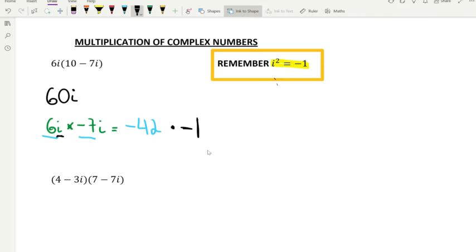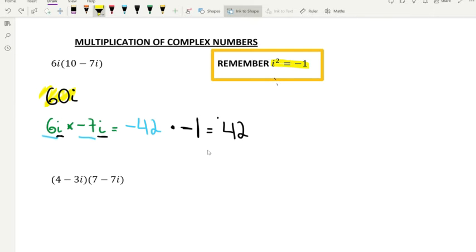So, teacher, you're saying negative 42 times negative 1? Yes. Whatever your result is, you're going to have to do the opposite because it's a negative number, 42. So notice we now have our two answers, 60i because of 6i times 10, that's the easy part.